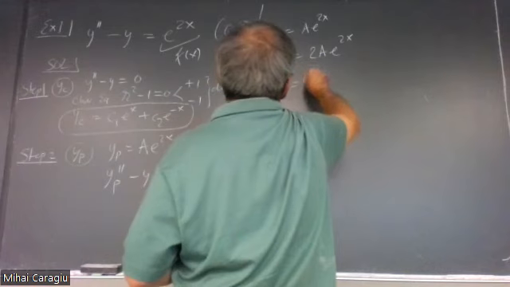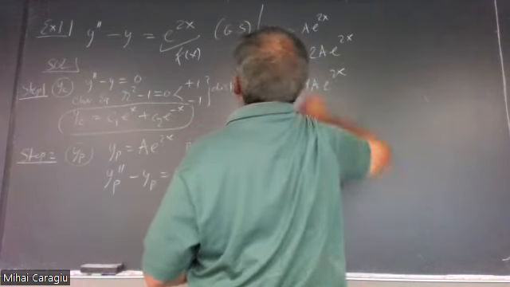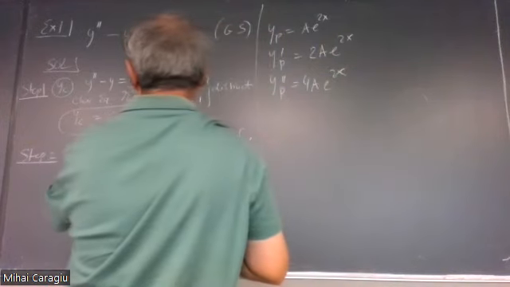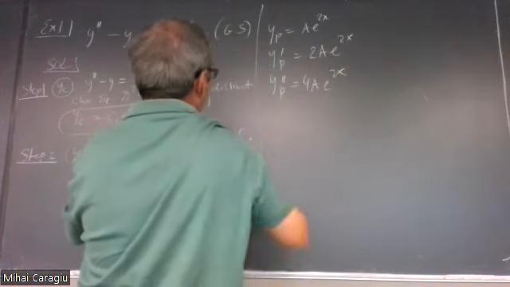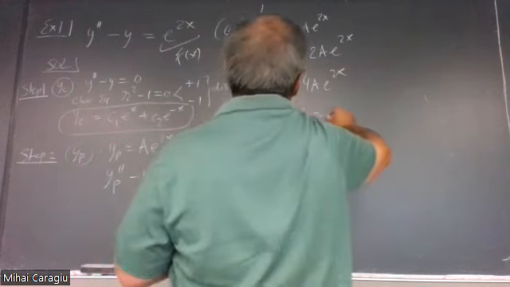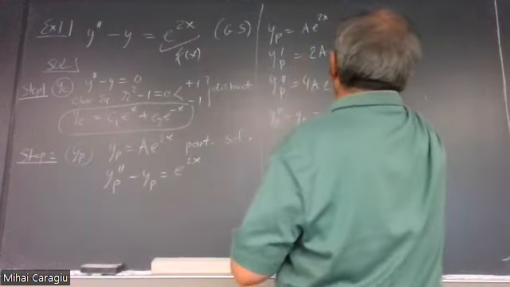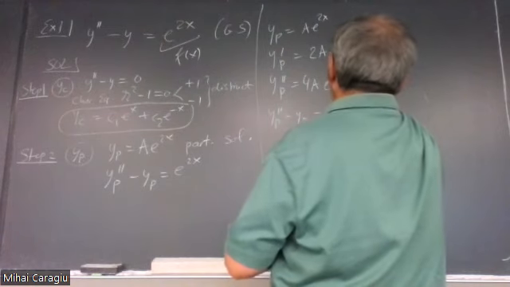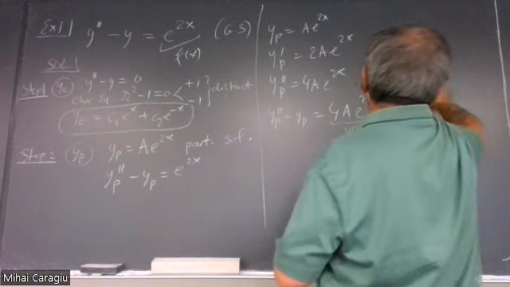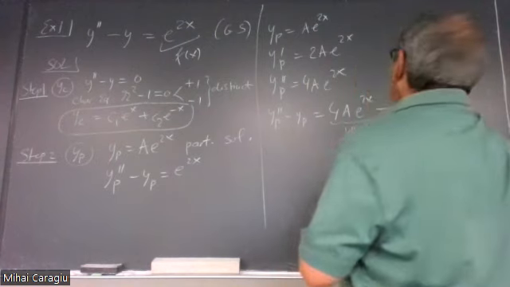Y p second will be 4a e to the power 2x. Then we want y sub p to satisfy this equation: y p second minus y p, which will be 4a e to the power 2x, this being y p second, minus a e to the power 2x, this being y sub p.